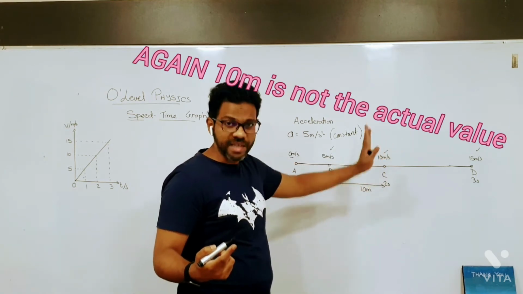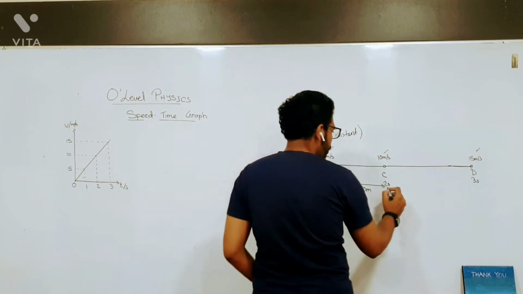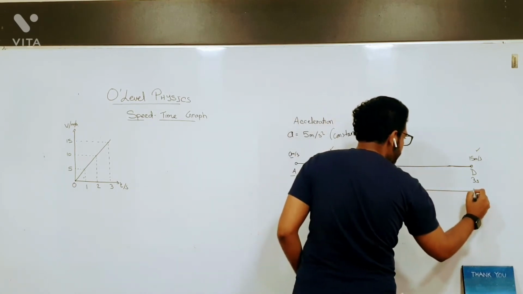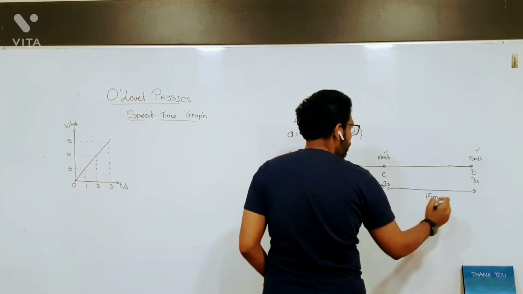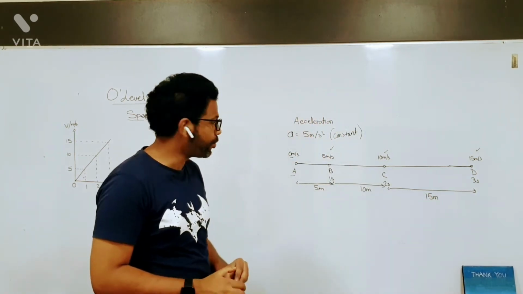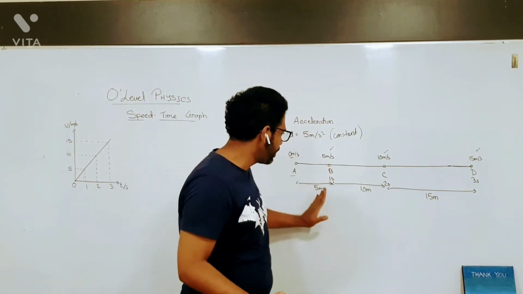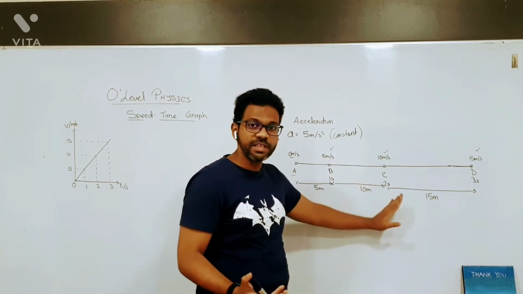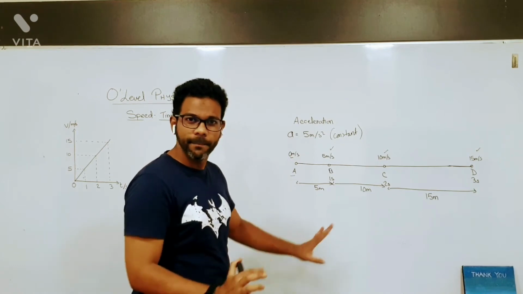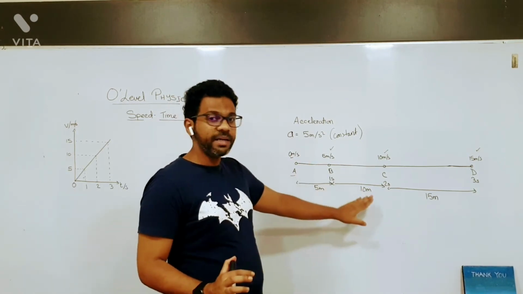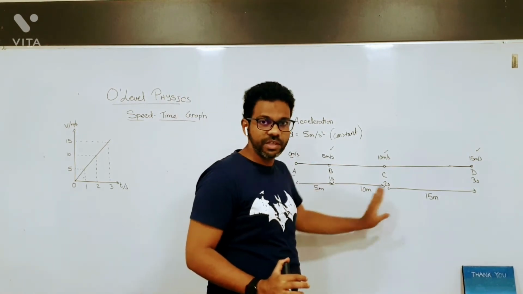That's why the velocity is 10 meters per second. And then from here to here, it's becoming 15 meters in every 1 second, right? So again, I'm repeating, this is not a very accurate representation. This is just an assumption that I'm taking to make things a bit simpler, but please keep it in mind, the distance will not be exactly 10, 15 or 5.